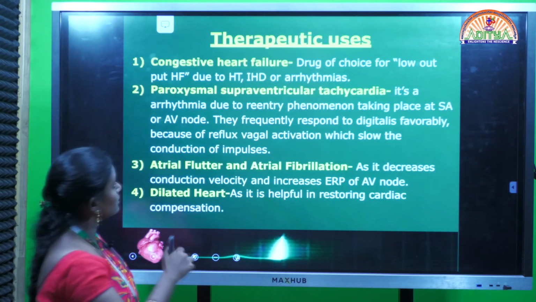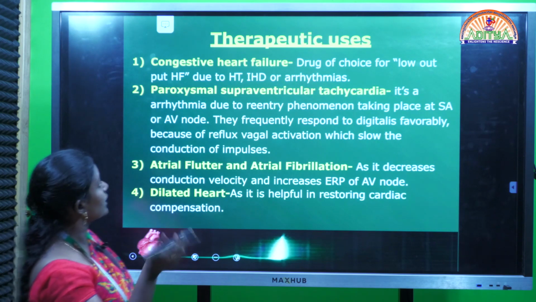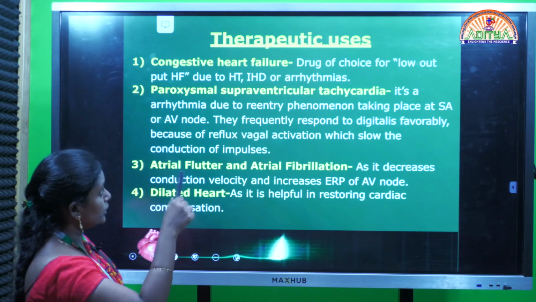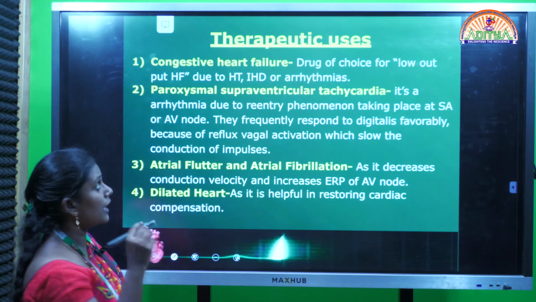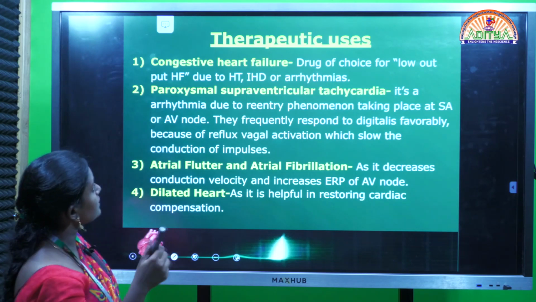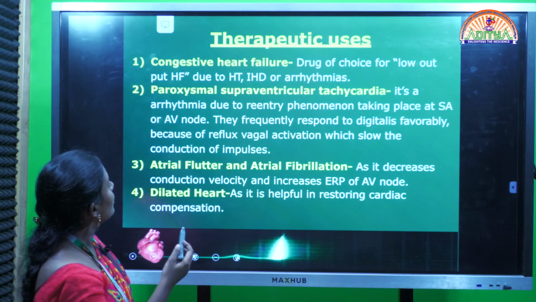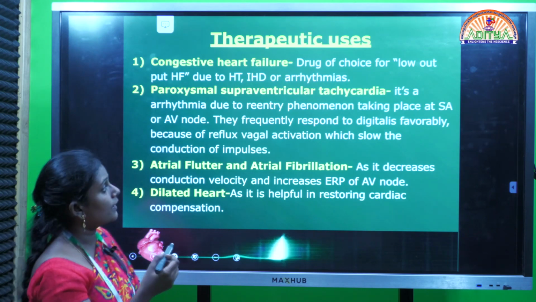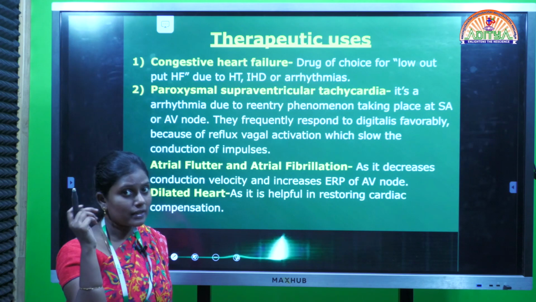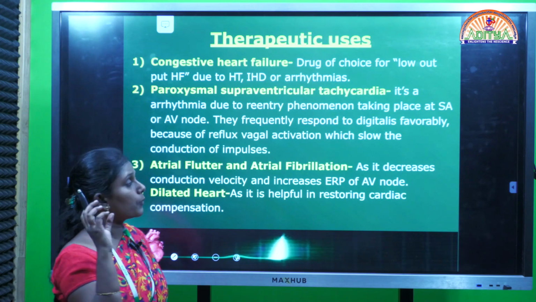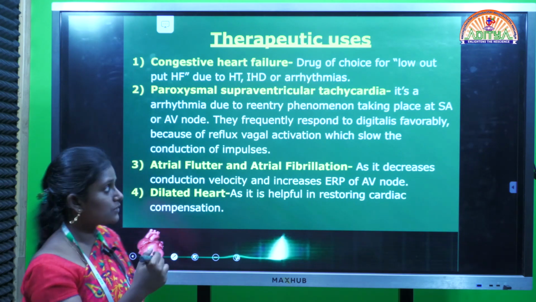So the main important thing is to increase the contractility of heart muscles. Coming to the next category, yes, before that we need to know the uses of this category of drugs, inotropic drugs. The main uses include treating congestive heart failure, we already know that. Whereas paroxysmal supraventricular tachycardia. Tachycardia means what? Quick heartbeat. So that kind of problem can also be treated with the help of these drugs.